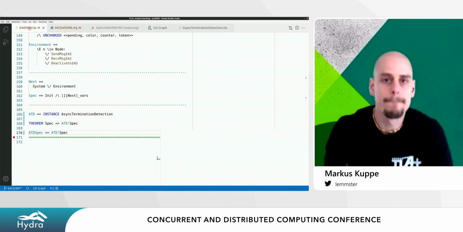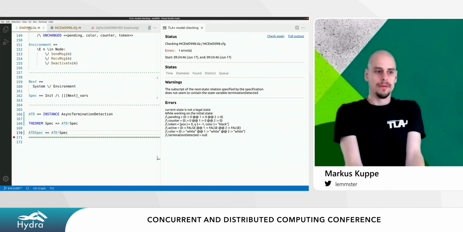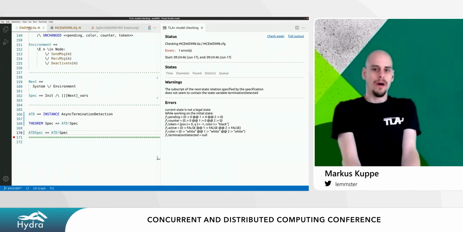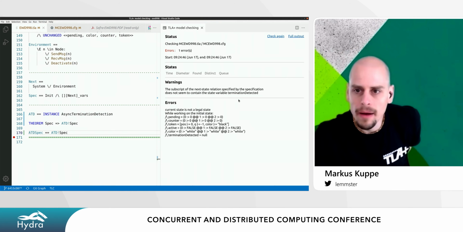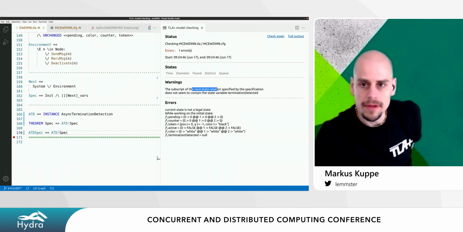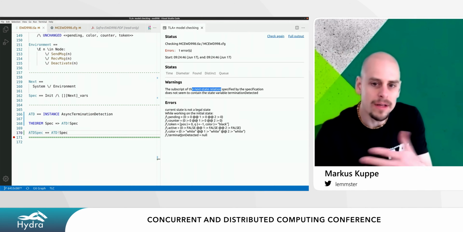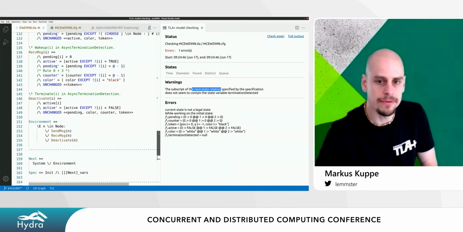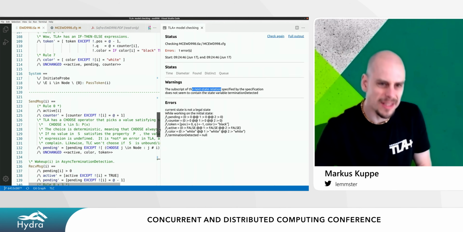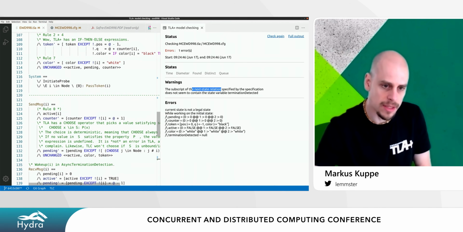I think you forgot to include this new variable to vars. Okay, yeah, that's true. There's a different problem, right? It's not part of the vars, but also there's no definition of it, right? We would have to come up with values for termination detected in all the actions if it changed somewhere, right?